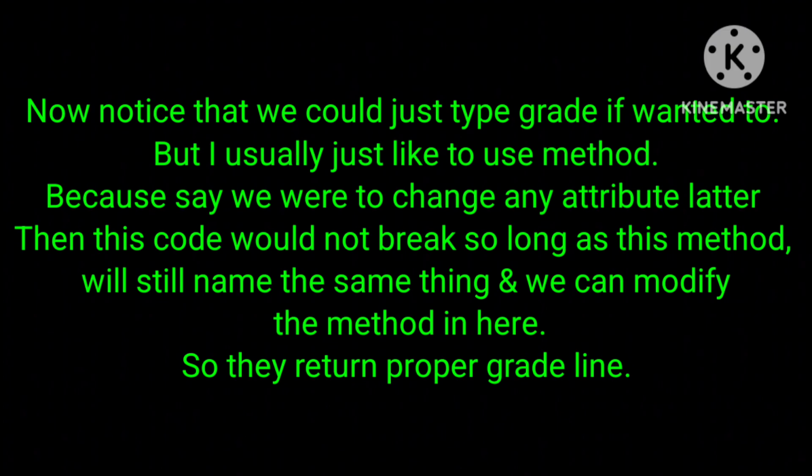Now notice that we could just type grade if we wanted to, but I usually just like to use the method because say we were to change any attribute later, then this code would not break so long as this method is still named the same thing, and we can modify the method in here so that it returns the proper grade.